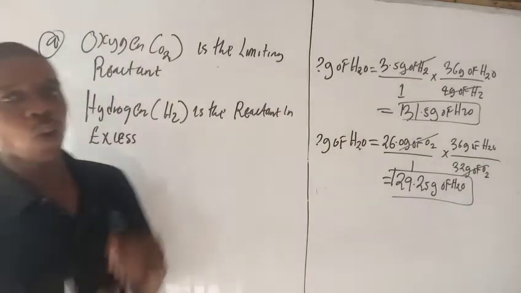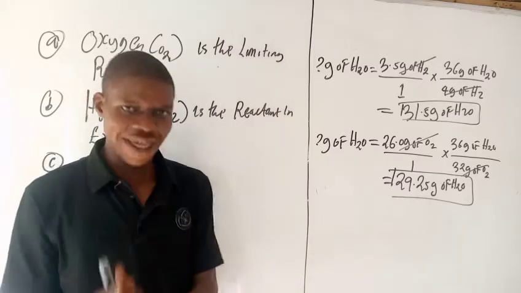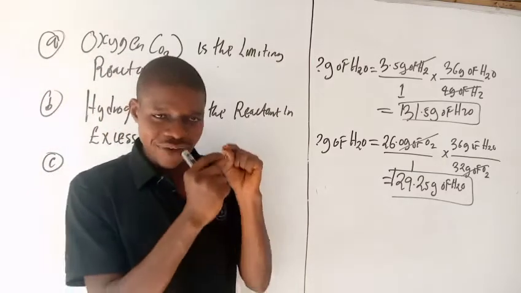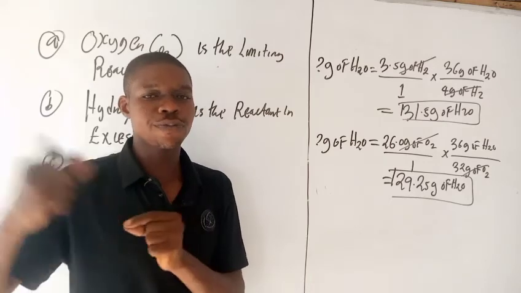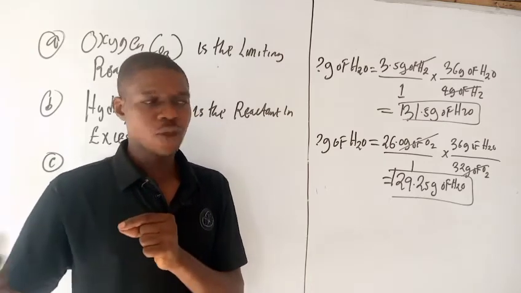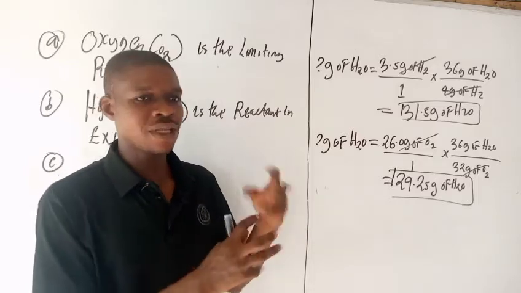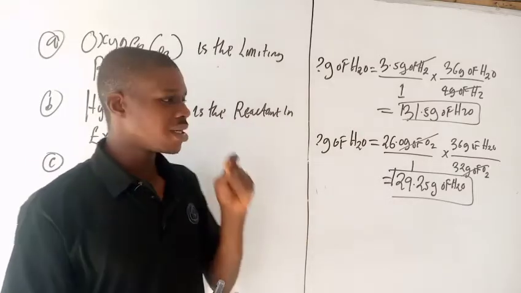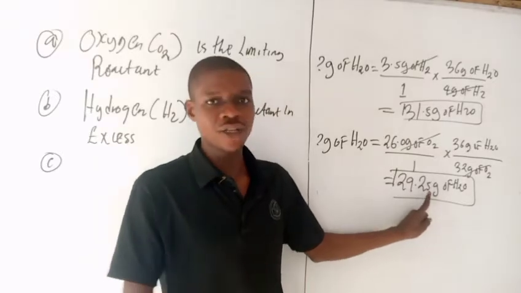Now what you see, they ask what is the mass of water produced? It's very easy. The mass of the limiting reactant is used to get the mass of the product produced. Do you get that? The amount of product formed in the reaction is always the least mass.